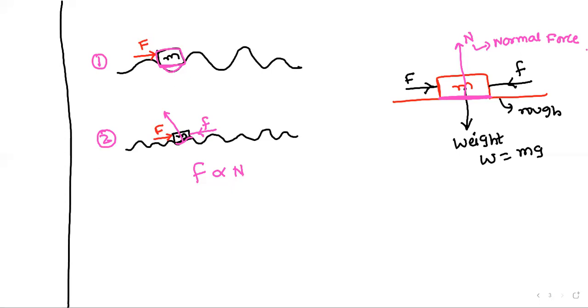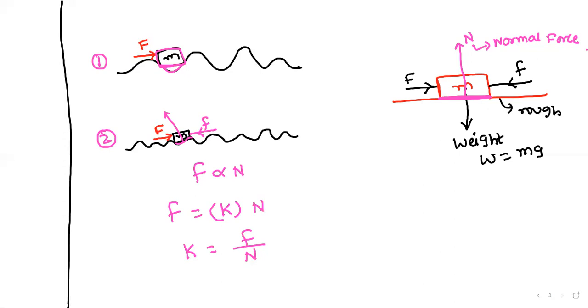In order to remove this proportionality, I am keeping a constant K times N. So K is equal to F by N. F is the frictional force, acted on the object by the surface.